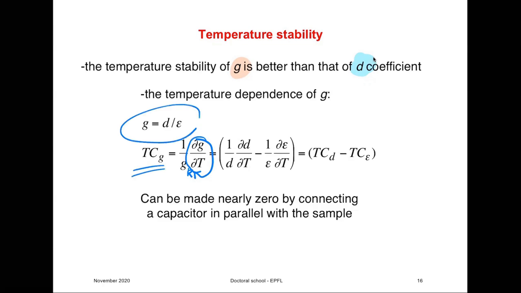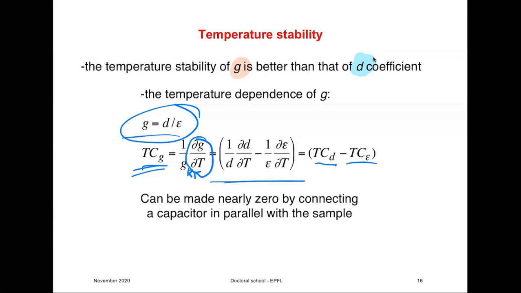So you calculate this. That's the temperature coefficient for any property. Now, G is equal to D divided by permittivity. And when you find the derivative of this, you get this. So the temperature coefficient of the G coefficient is the temperature coefficient of the D coefficient minus the temperature coefficient of permittivity.